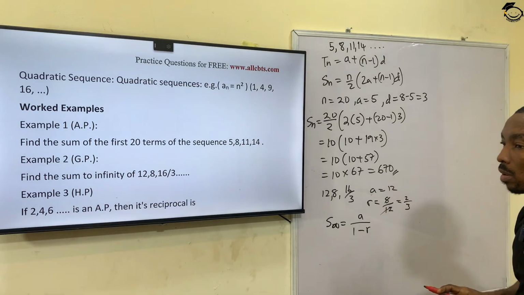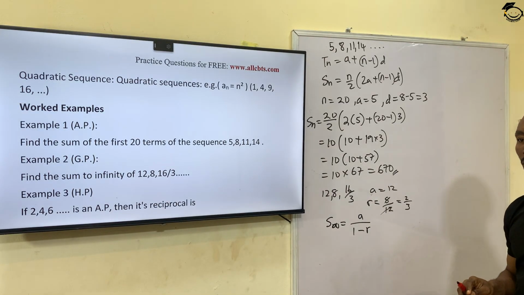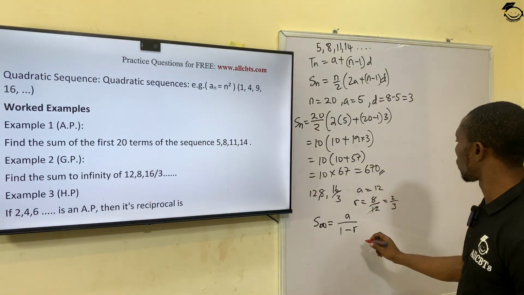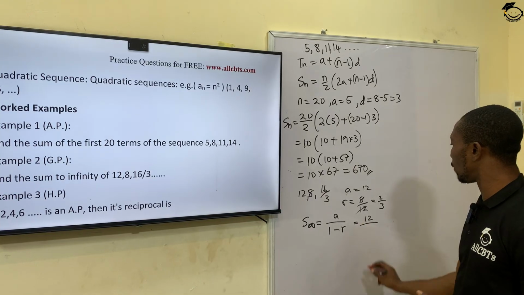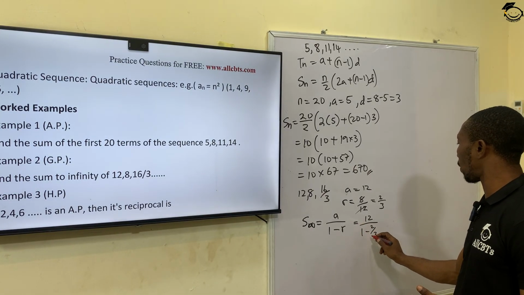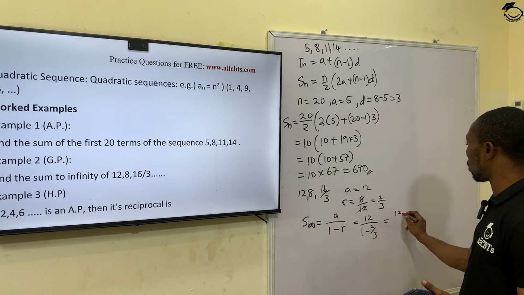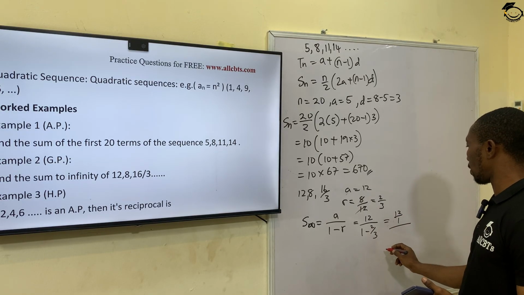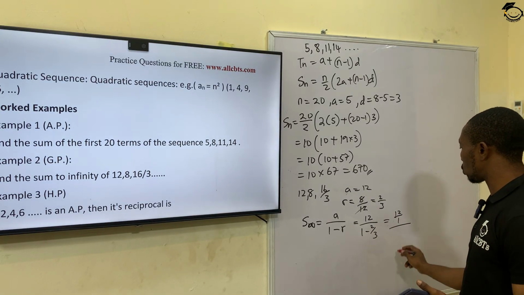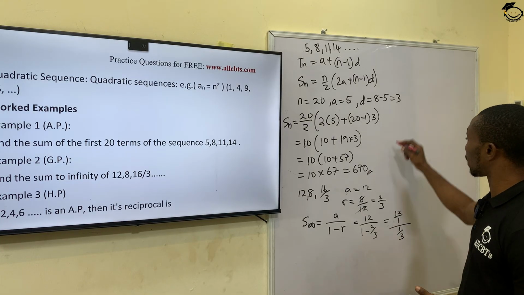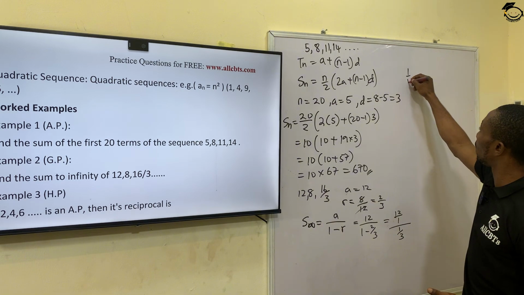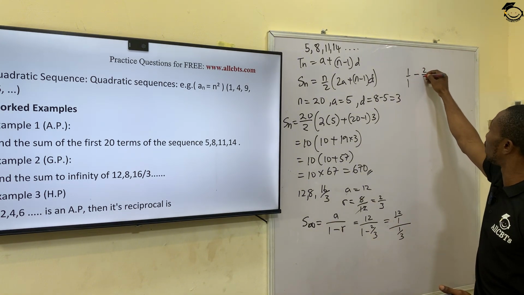So from here, inputting our A, which is 12, all over 1 minus 2 over 3. Now we have this as 12 over 1 over 3. Now, how did we get 1 over 3? We have 1 over 1 minus 2 over 3.